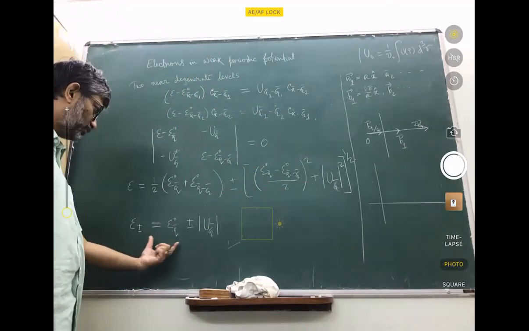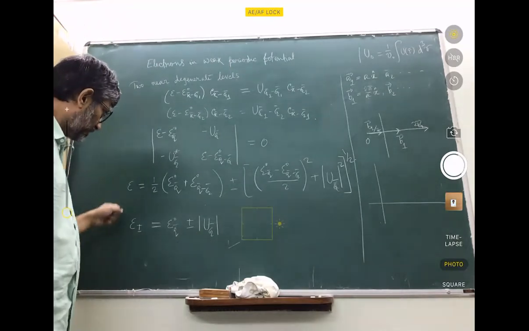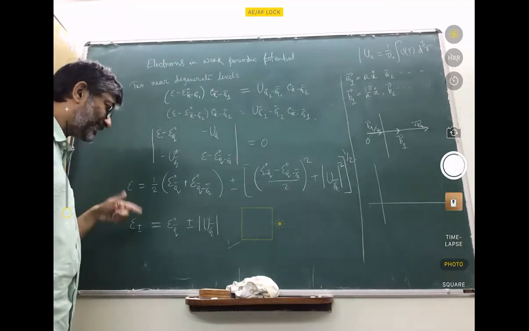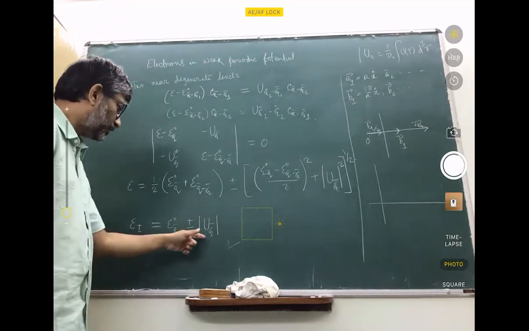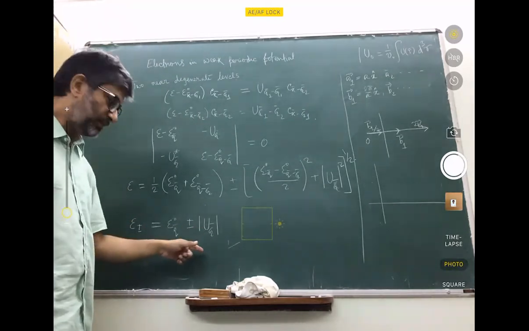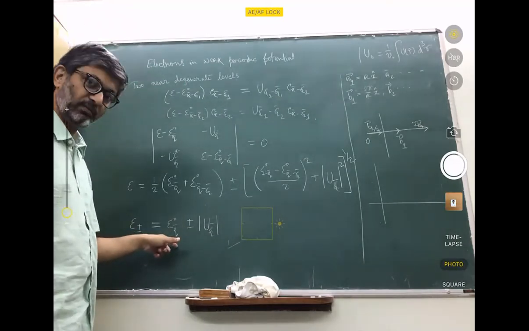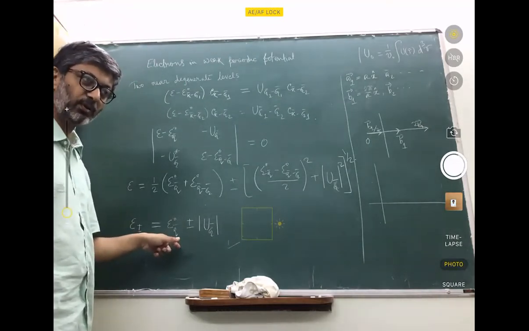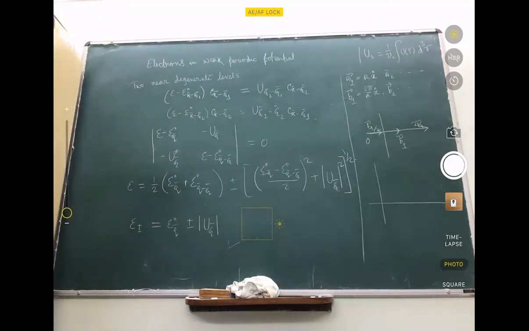The energies would remain the same. But if U is non-zero, this energy right at the Bragg plane would split up into two levels, one slightly above this, one slightly below this. So this is what the effect of U is in case of degeneracies.